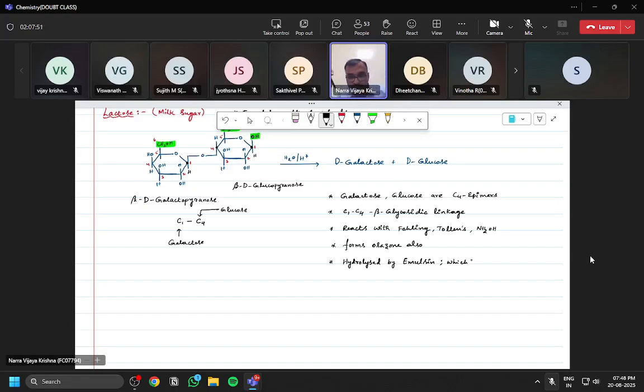Alpha glycosidic linkages can be hydrolyzed using any reagent, any acidic medium or water also, right? But beta glycosidic linkages are hydrolyzed only with specific enzymes.